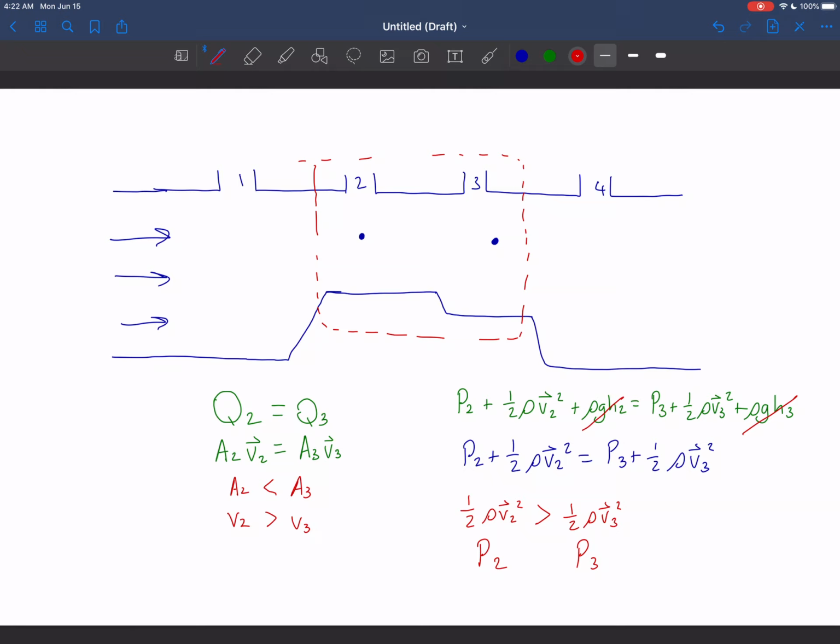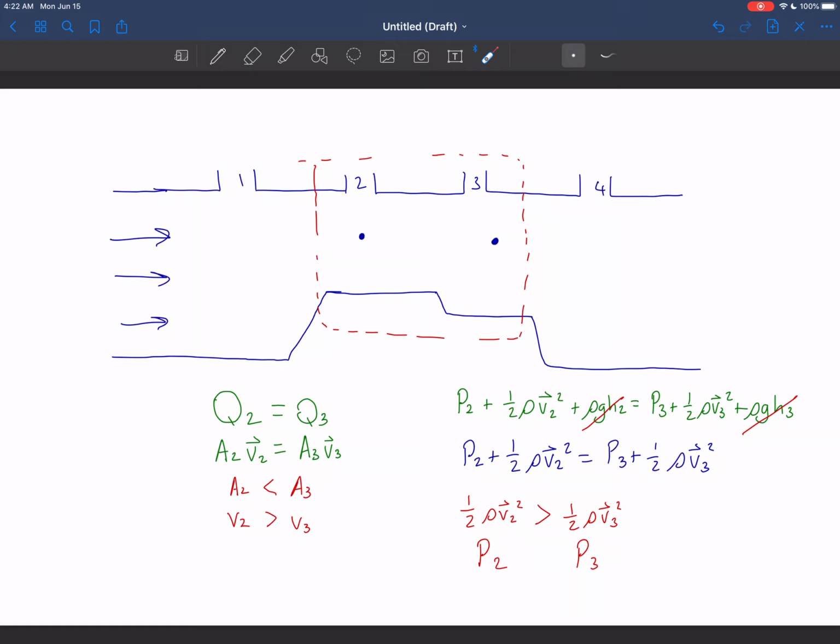Now what does that tell me? If I want this whole equation to remain true, as this goes up, this needs to go down, or as this goes down, this needs to go up, right? So that being said, if I know that this right here is bigger than this, I know that this has to be bigger than this.